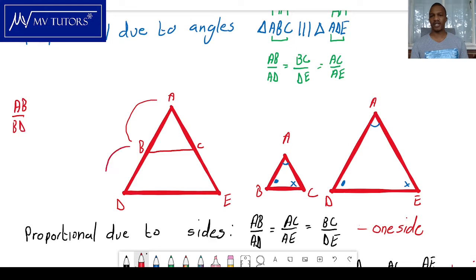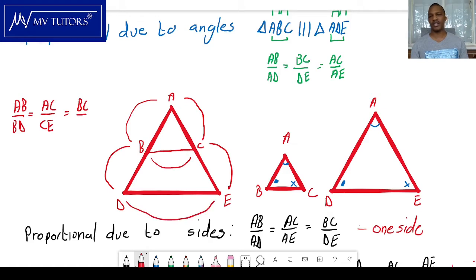You see BD, it's neither small triangle nor big triangle, but it's part of the big triangle. It's not the entire big triangle, but it's just BD. But when you do it this way, you then have to take the other side exactly as it is, which is AC over CE. That's something you can do as well. And then the last one is BC over DE.